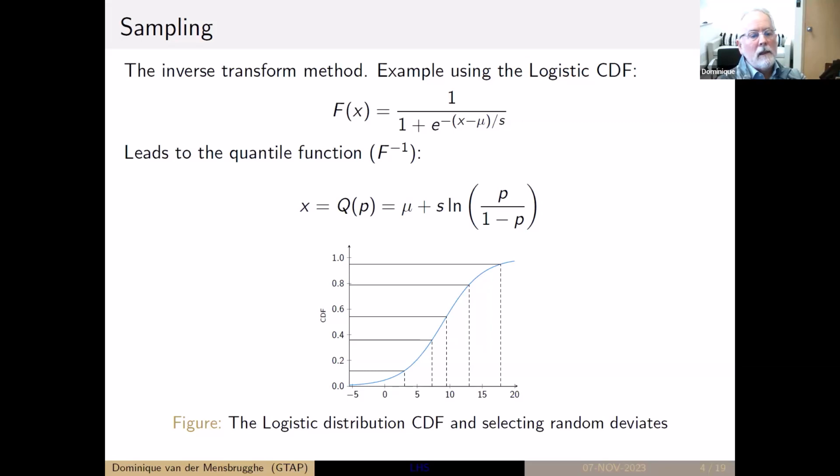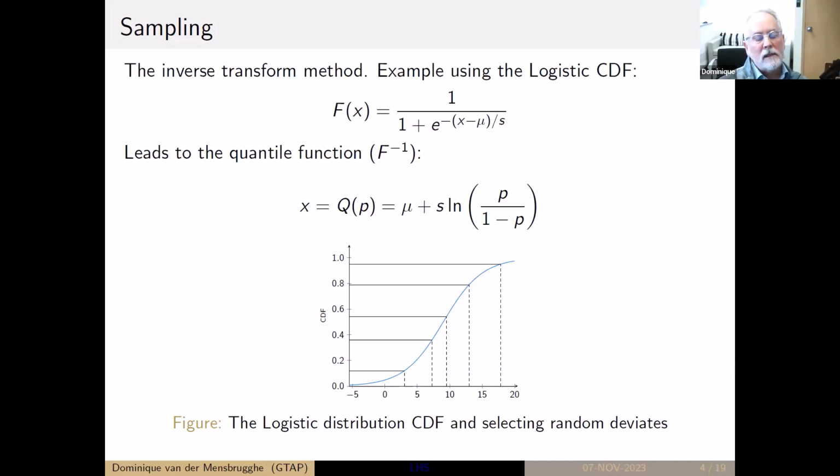And with the parameterization of this logistic distribution, that leads to a random deviate of around 17.5. All right, so you can do that n number of times, and you can map out your entire distribution function. So that's the key to sampling.